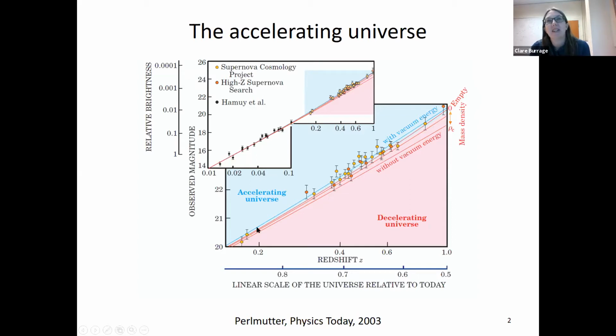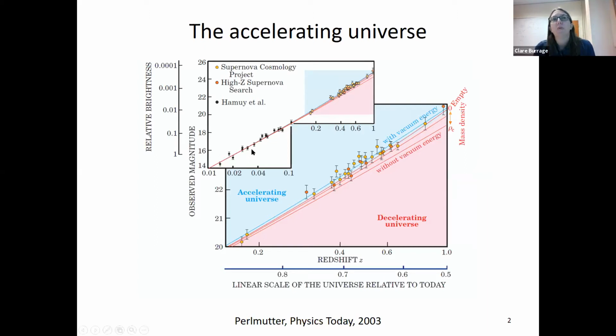This is what the data looked like when these two pioneering studies, the Supernova Cosmology Project and the High-Z Supernova Search, did these first observations and showed definitively that we don't live in a universe that is entirely dominated by matter.